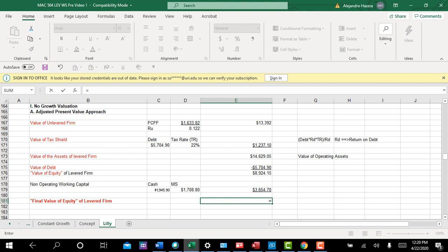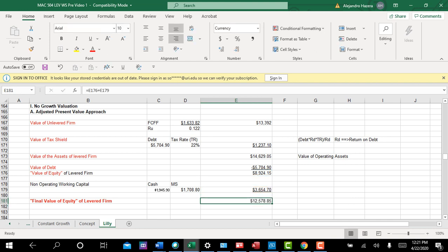So if you take the value of equity of a levered firm without considering the non-operating working capital, and add the non-operating working capital, like the excess cash and marketable securities that really aren't producing cash. They're just sort of fluff, or cash that's available for maybe paying dividends.